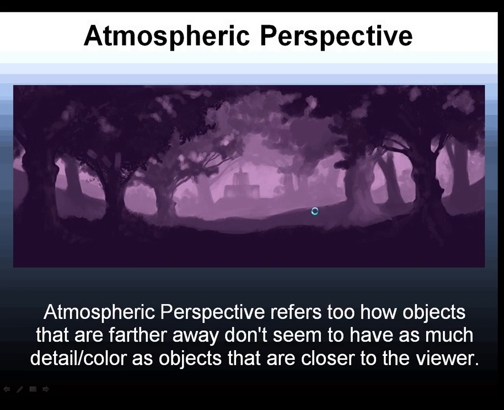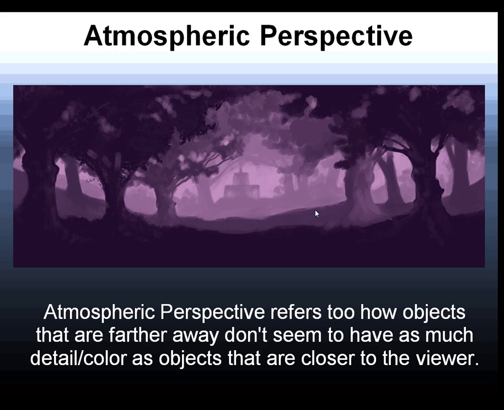And then finally, you've got atmospheric perspective. Now, watch out. This is on your test. Atmospheric perspective refers to how an object looks farther away, and the farther away it gets, the less detail and the less color you're able to see because of a lot of different things. If you're looking at something that's miles and miles and miles away, I like to look at mountains.